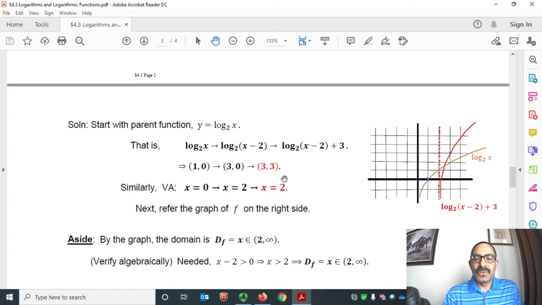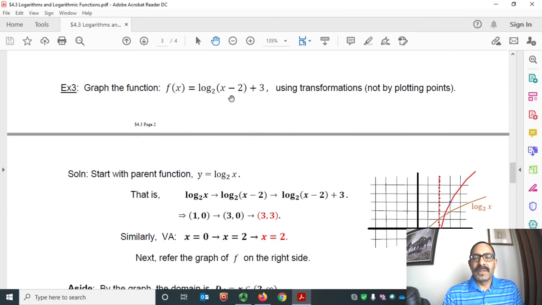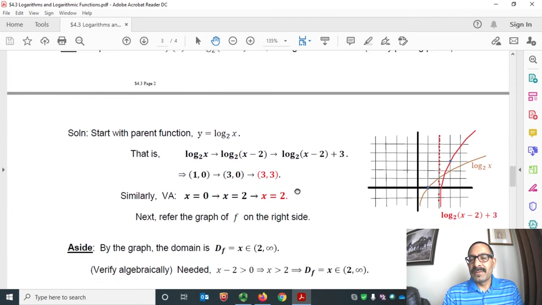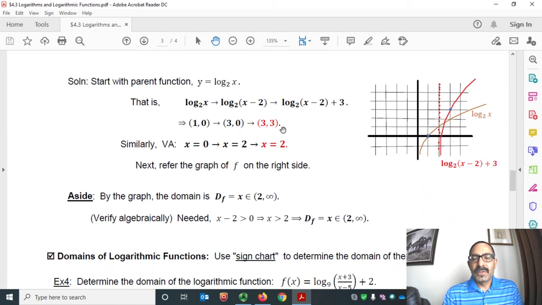Now let's use those two pieces of information to sketch the graph of this given logarithmic function. Here the point (3, 3) is from here. It's 1, 2, 3, and then go 3 units up: 1, 2, 3. That's the point. And the vertical asymptote is x equals 2. 1, 2. This is the vertical asymptote.